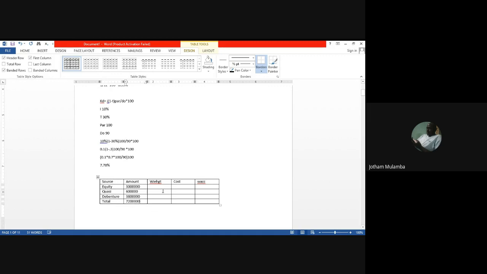Now, for us to get weight, we divide this amount against the total. So, for example, for us to get the weight for equity, we divide 3 million by 7,200,000.